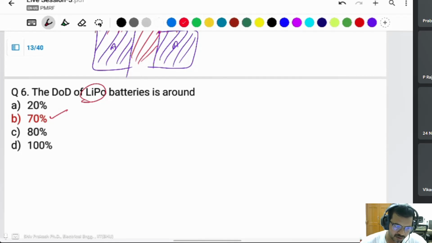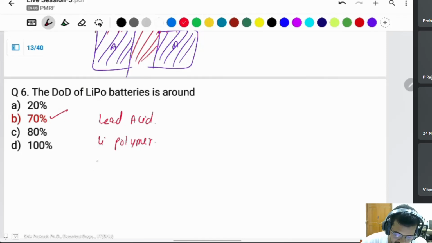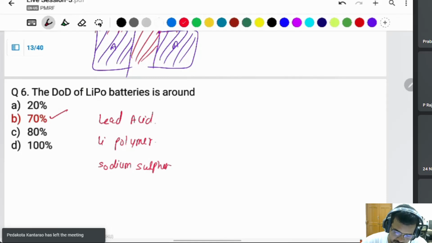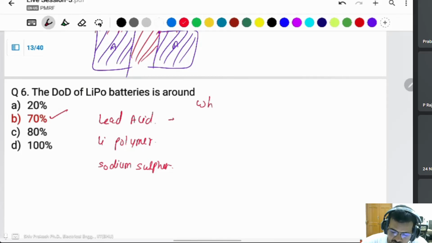You can give a comparison of this one, like lead acid battery, lithium polymer, sodium sulfate. What it means: energy per kg, power per kg, and efficiency and cycle.